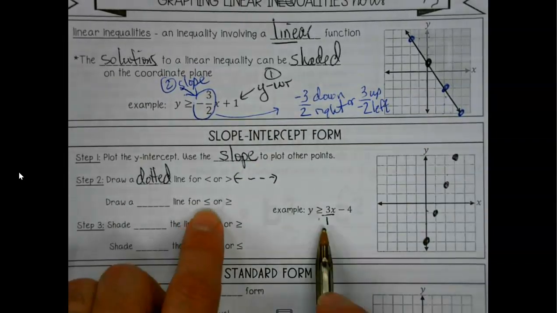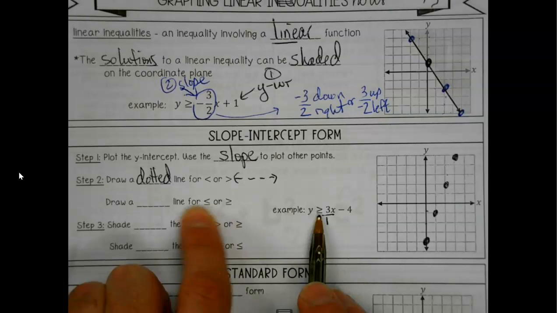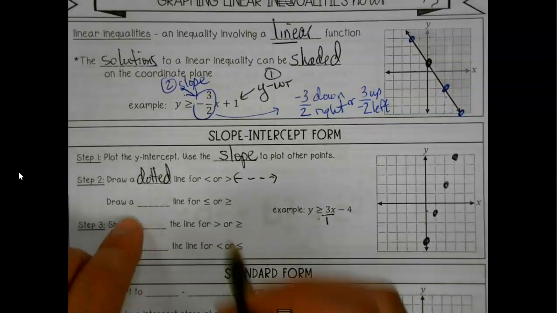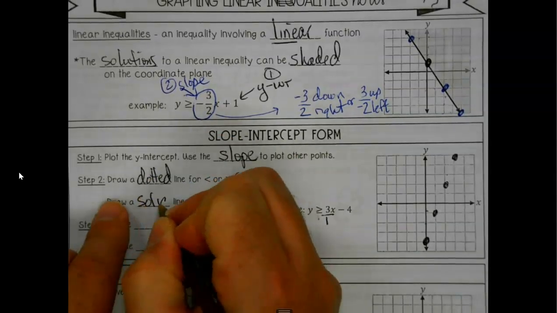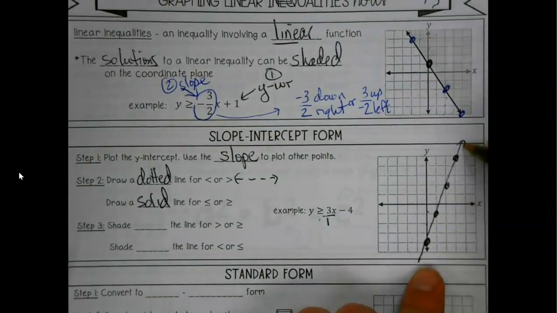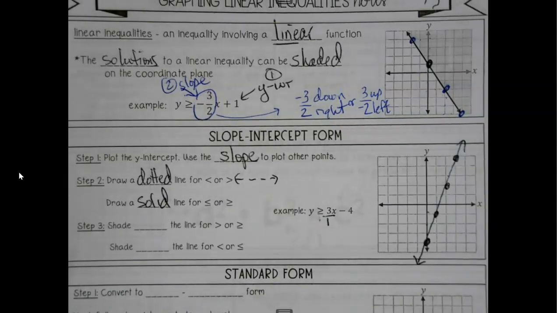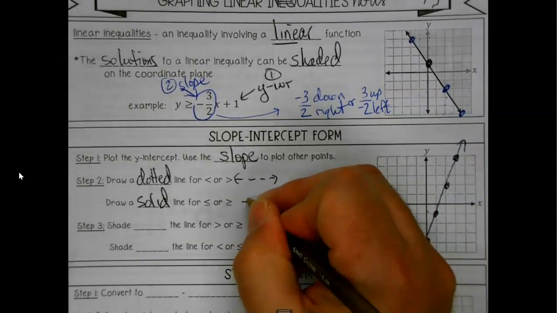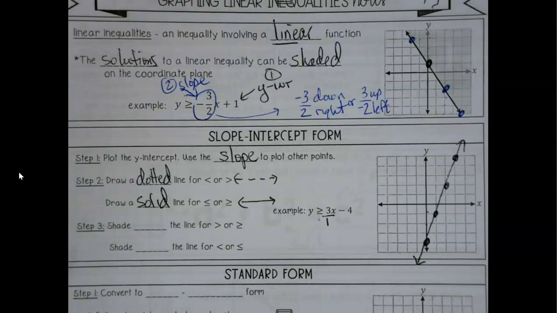But if it's less than or equal to, or greater than or equal to, like ours is here, that's going to be a solid line. So this one, we're drawing through solid like we normally would. So that's the first part.